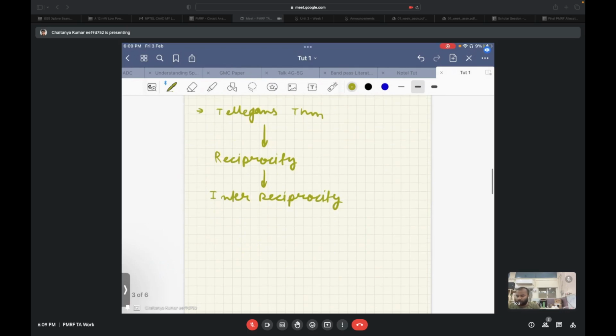So now we learned that this inter-reciprocity can be used to find noise transfer functions.